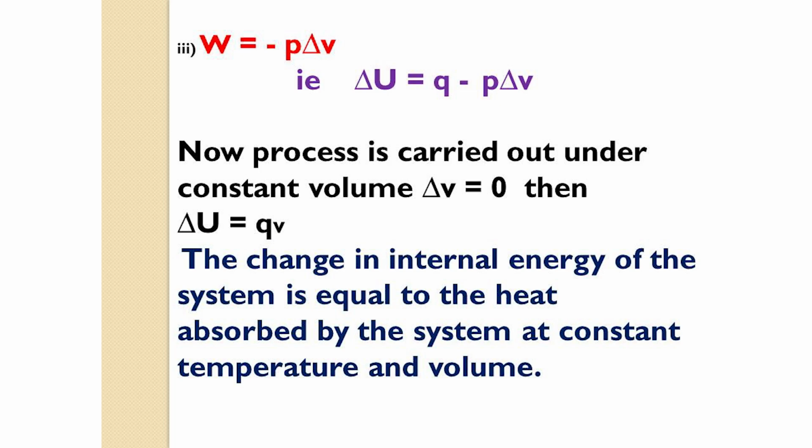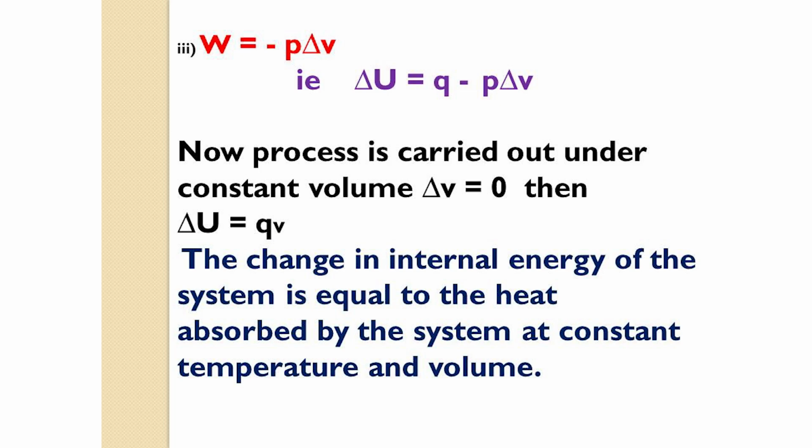Now, the process is carried out at a constant volume, that is delta V equal to 0. What happens to this system? Delta U is equal to QV from the first law of thermodynamics. Can you define internal energy change delta U from this equation?